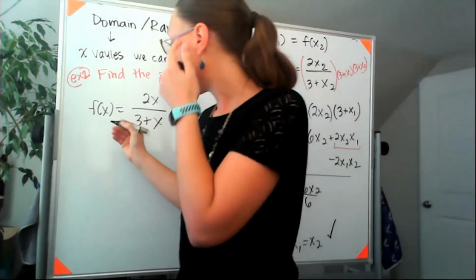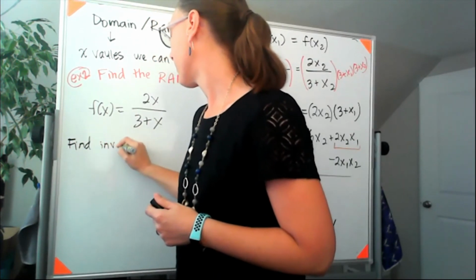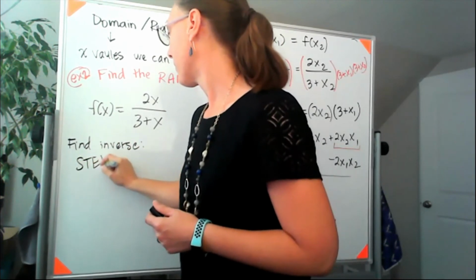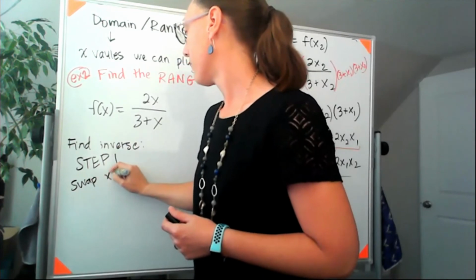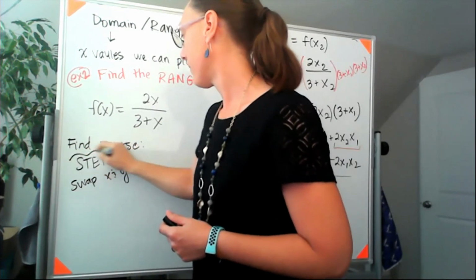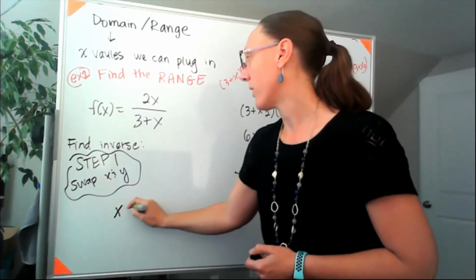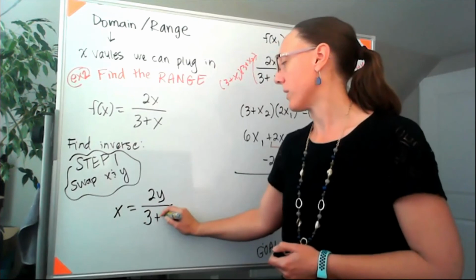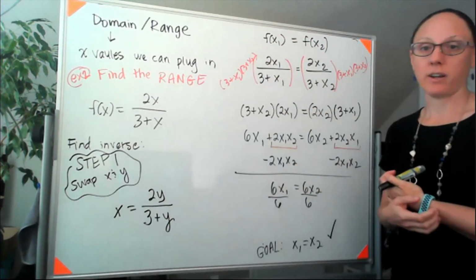So to find the inverse, when I swap the x's and y's, I'm going to be left with x is equal to 2y over 3 plus y.